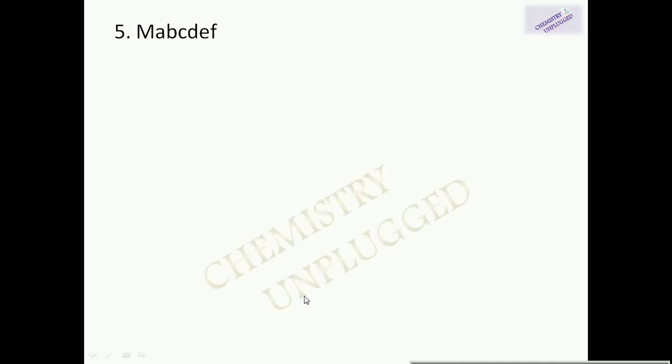Next is Mabcdef, means all the 6 ligands are of different type. So what are the possible numbers of geometrical isomers? Place AB in one bracket, and now we will keep it constant. We will not change AB, we will change other ligands with each other.